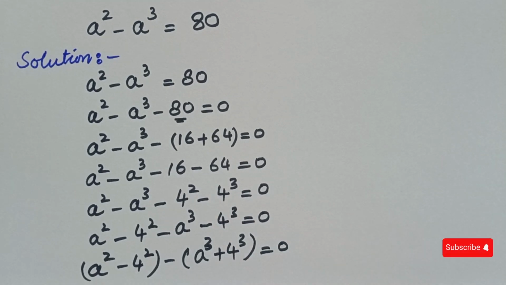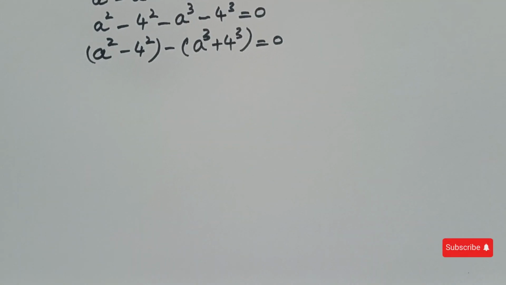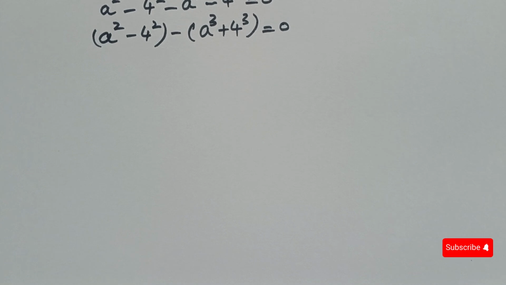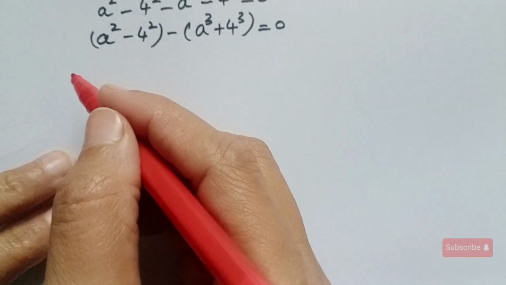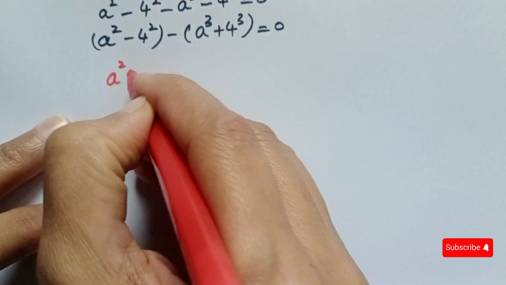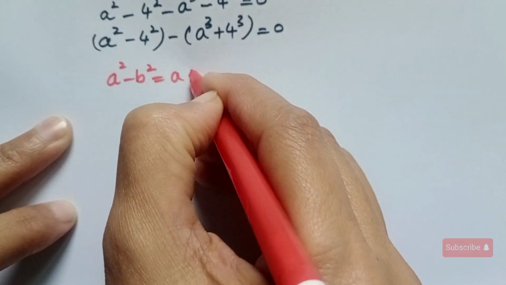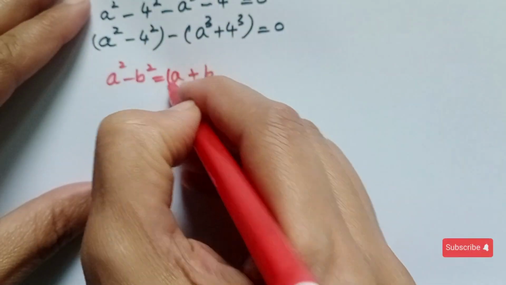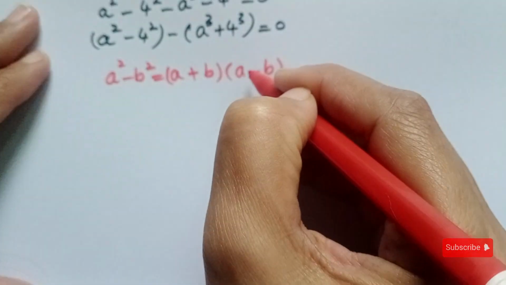So we know a very well-known algebra formula that we often use in problem solving: a square minus b square is equal to a plus b parenthesis a minus b parenthesis.